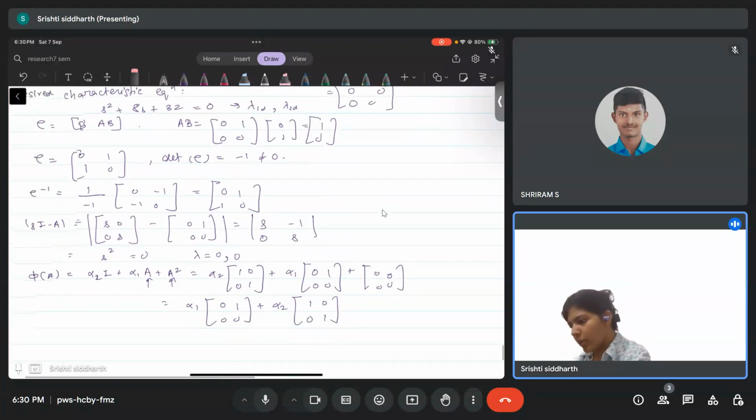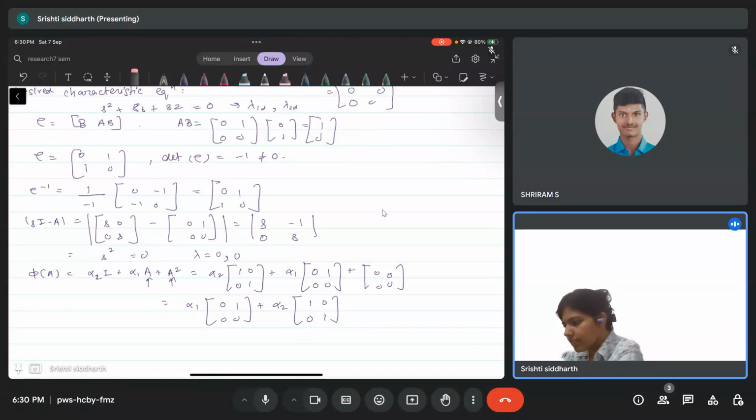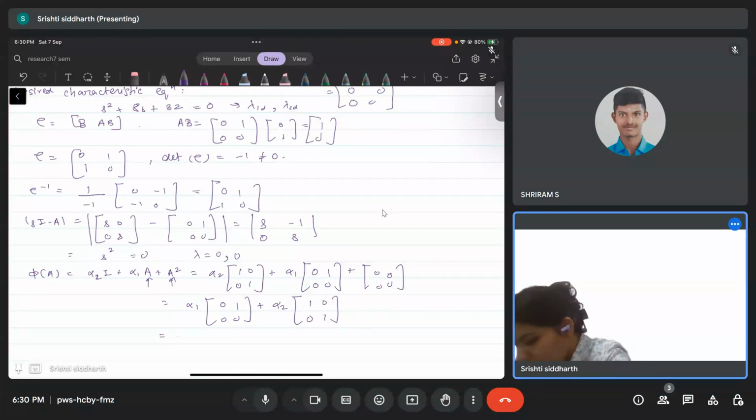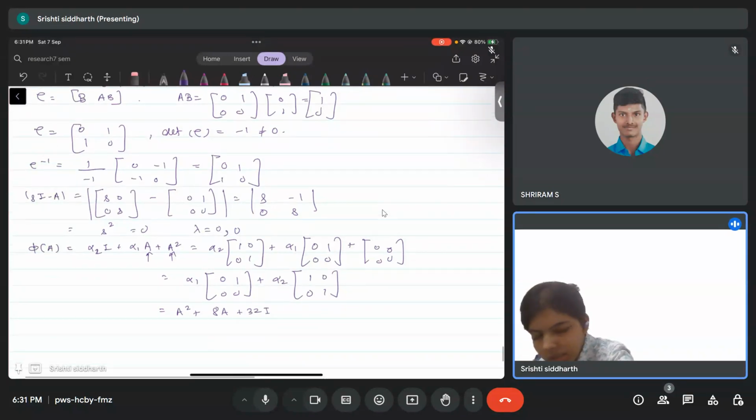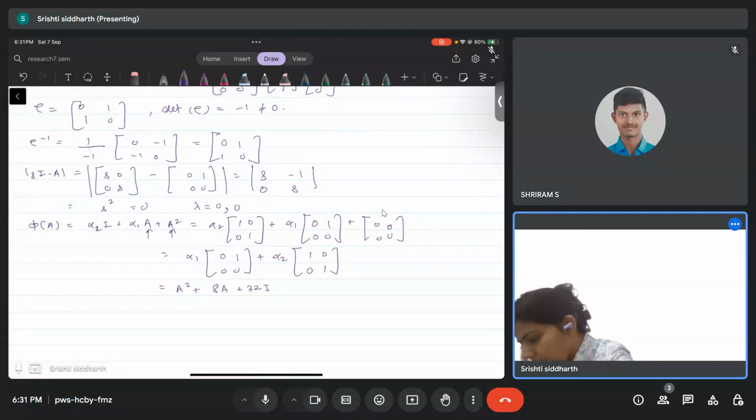So we equate this with A square plus 8 times the matrix A plus 32 times I, because this was the desired characteristic equation.